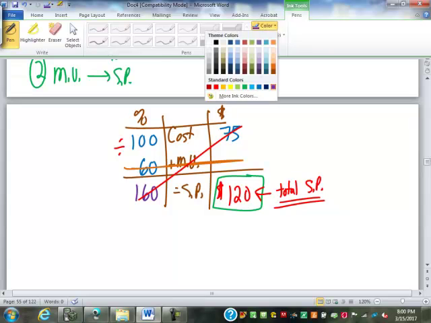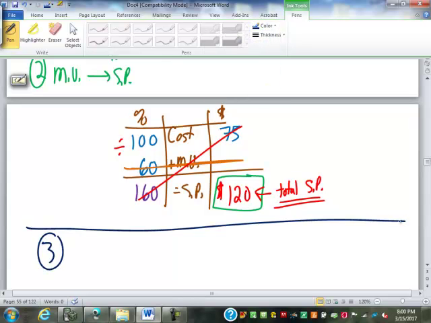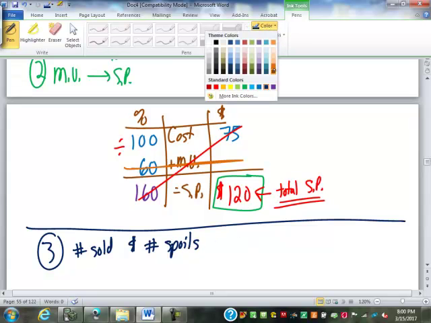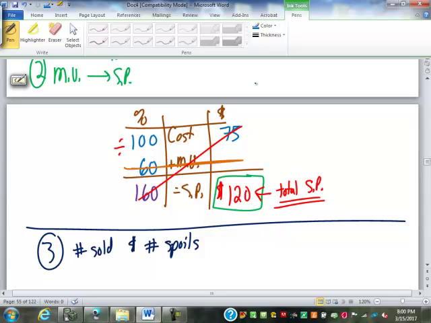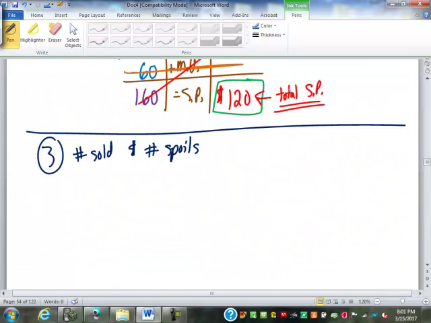Now step 3, remember, is going to be slightly different because there is a secondary market. But step 3 still involves finding the number sold. But now it also involves finding the number spoiled. So how many were produced? 300.